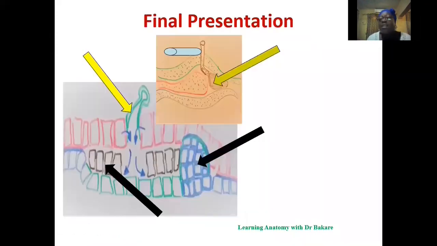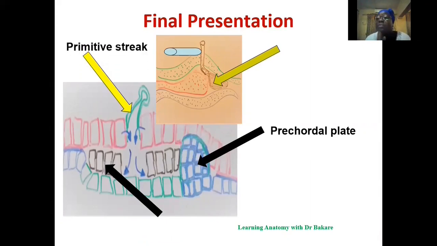So the final presentation that will be seen, we already know, is the formation of the prechordal plate, which is thickening of the endoderm that, of course, will be in contact with the surface ectoderm. So this thickening, of course, we say that it will help to create the craniocaudal alignment of the body. Then this is followed with the creation of the primitive streak. The primitive streak will be formed so that a groove will be generated.